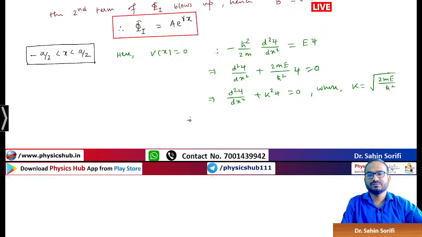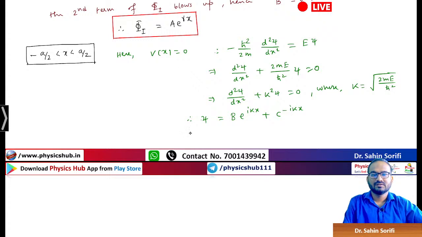So this will give rise to the solution psi equals b e to the power i k x plus c e to the power minus i k x. Following the trend, we can write the wave function in region 2 as b e to the power i k x plus c e to the power minus i k x.